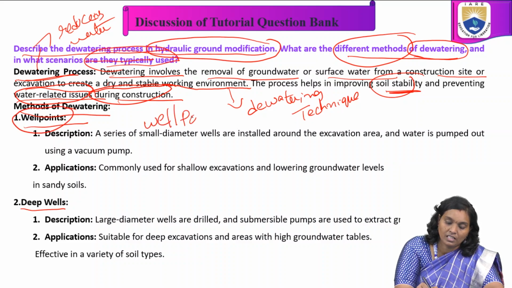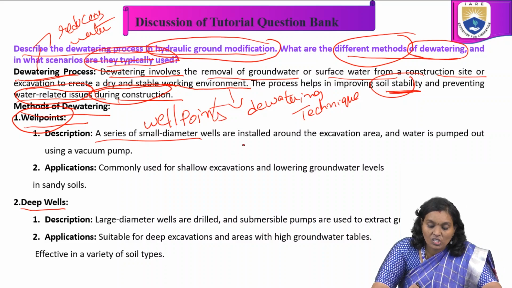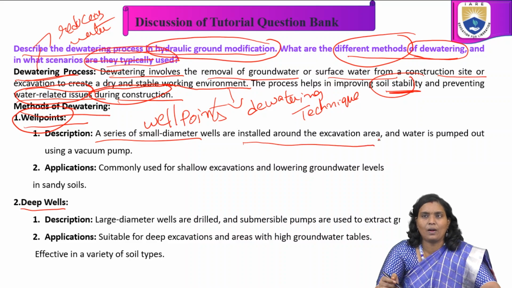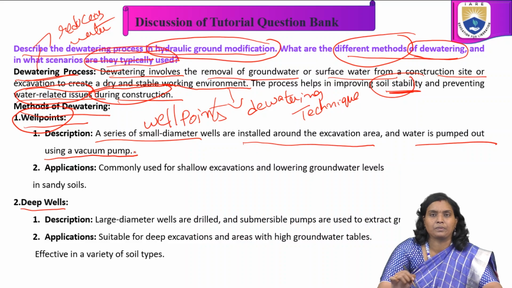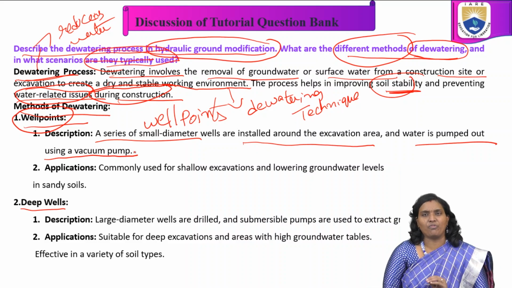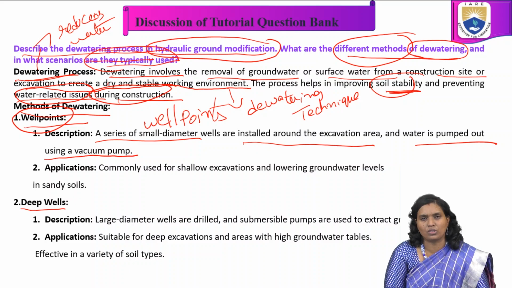In well points, a series of small diameter wells are installed around the excavation area and water is pumped out using a vacuum pump. According to these well points, we identify the various points for getting the excess water out.